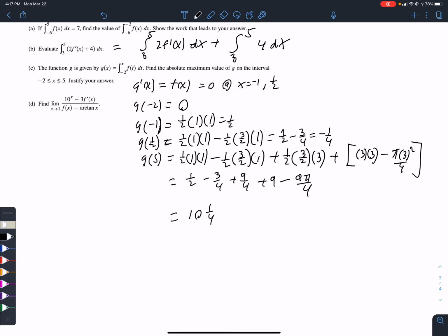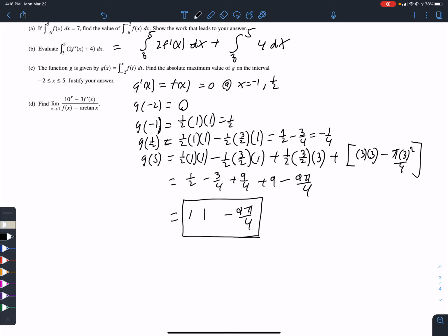I think I made a mistake somewhere. Let's double check this. So that's 2 1/4. Okay, 2 1/4. 11 1/4. 11 3/4 minus 3/4 is 11. That's why you shouldn't simplify, because you'll just do what I did.